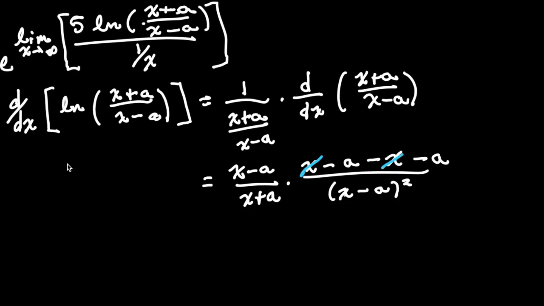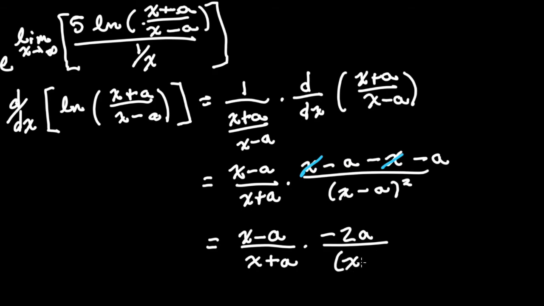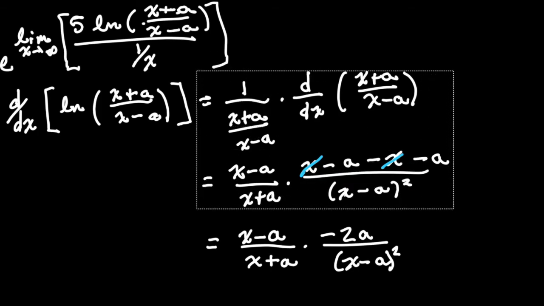So then what we end up with is (x minus a) over (x plus a) multiplied by negative 2a over (x minus a) squared. And so I'm just going to remove this from the board.